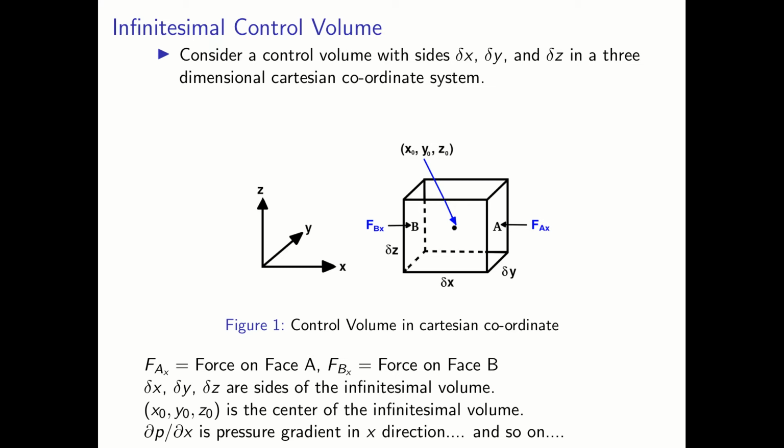Let's say that the center of this cube, that infinitesimal cube, is x0, y0, and z0. And our focus is to formally calculate the resultant force F due to the three gradients of pressure in the three directions, three dimensions. Okay.